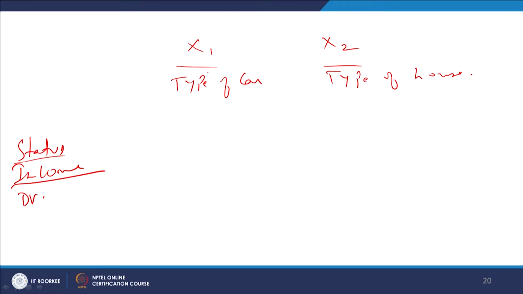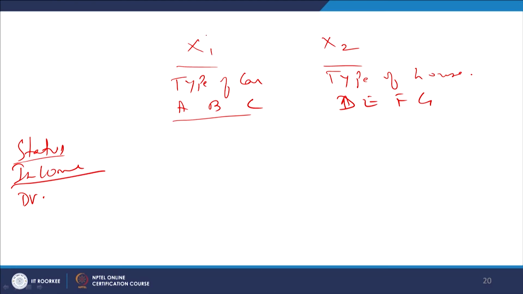Now, factor 1 is the type of car, where I have 3 types of cars A, B and C, and I may have 4 types of houses, let us say D, E, F and G. Earlier in one-way ANOVA I was looking at the effect of only x1, the type of car, that is A, B, C on the income, or the type of house D, E, F, G on the income.